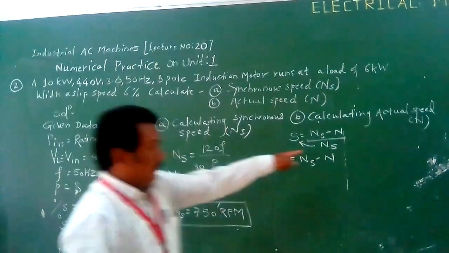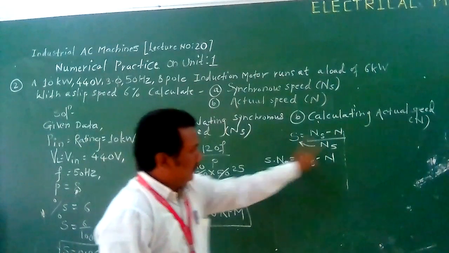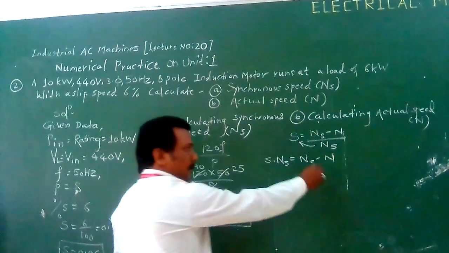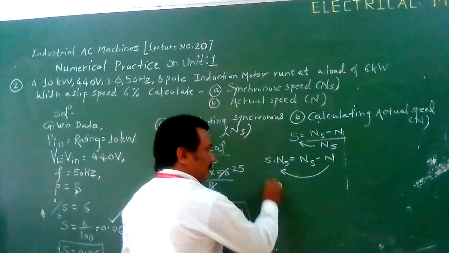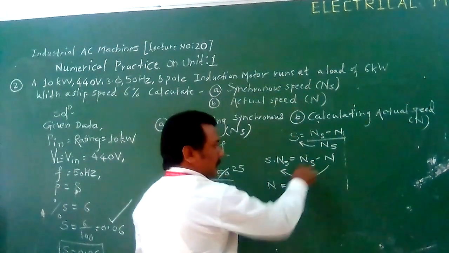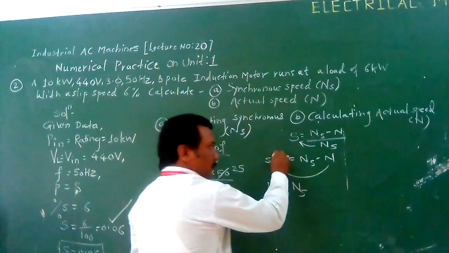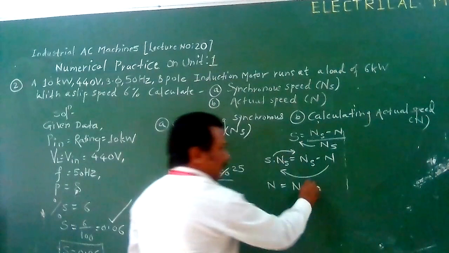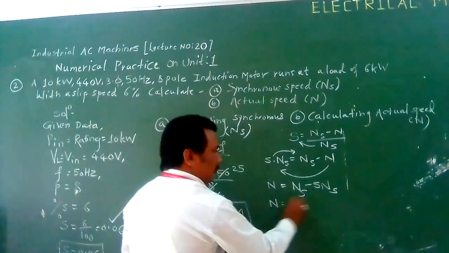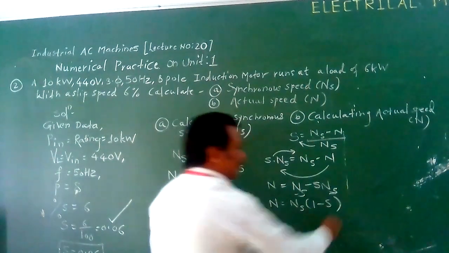Then n is taken to the left side, so n is equal to ns minus S into ns. Taking ns common, n is equal to ns into bracket 1 minus S.